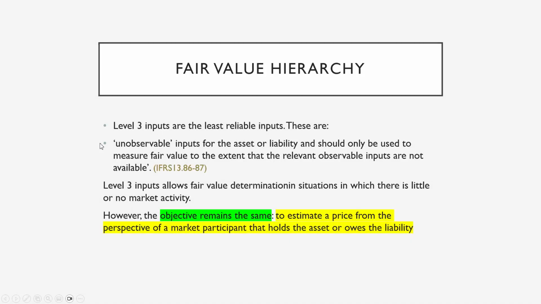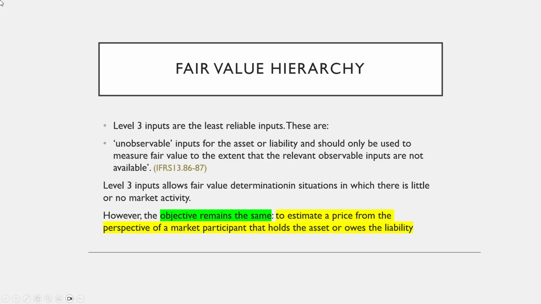Level 3 is where the game changes. Level 3 inputs are the least reliable because they're unobservable. But you have to measure fair value to the extent that the relevant observable inputs are unavailable. So level 3 inputs, where there's little to no market activity, are the ones where we allow fair value determination for those.